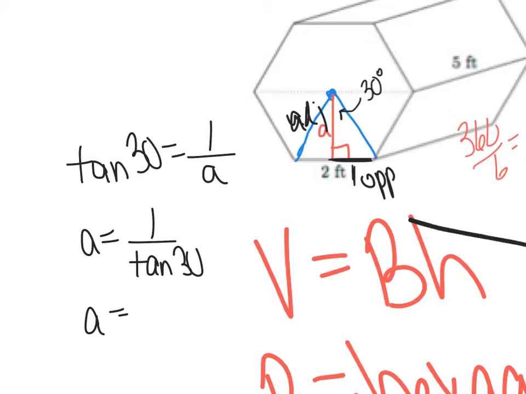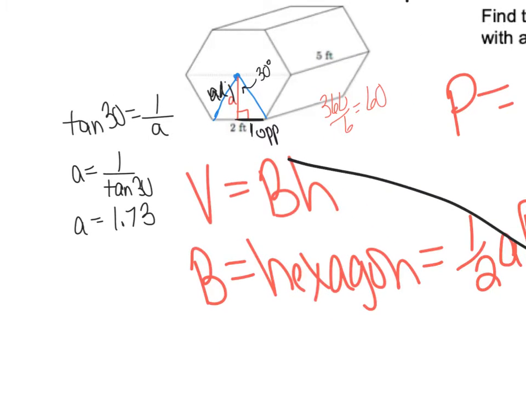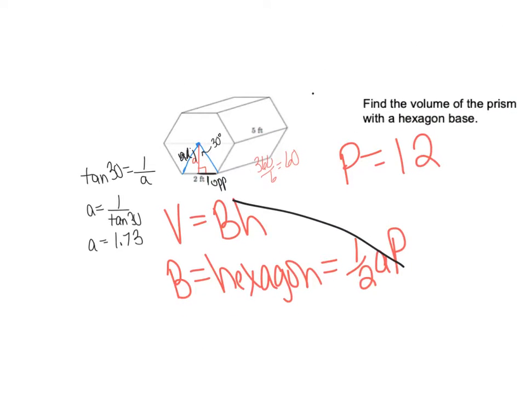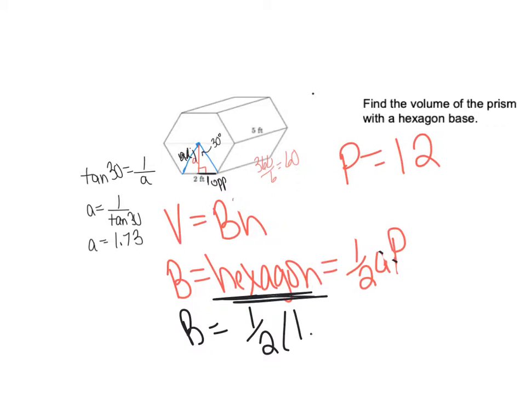And if we go ahead and put that into our calculator, we should get that the apothem is approximately 1.73. So let's come back over here. Oh, I've got a big black mark going through the middle there. So I know the area of my hexagon here is going to be 1/2 times the apothem, which we said was 1.73, times the perimeter.